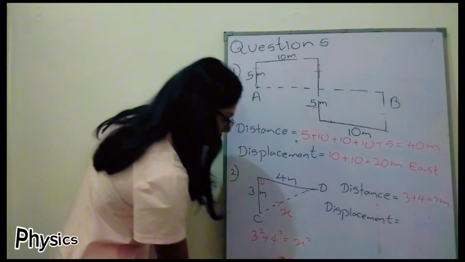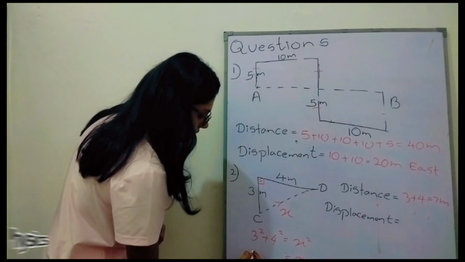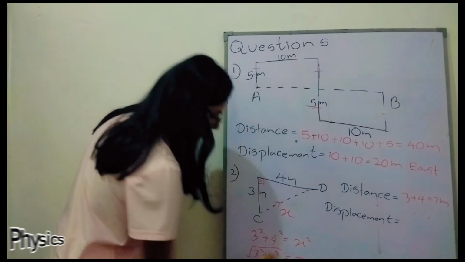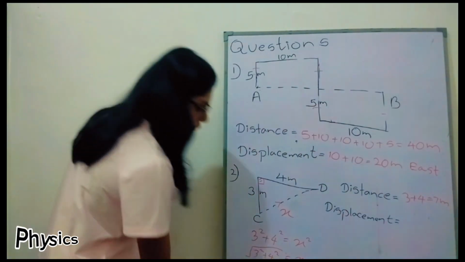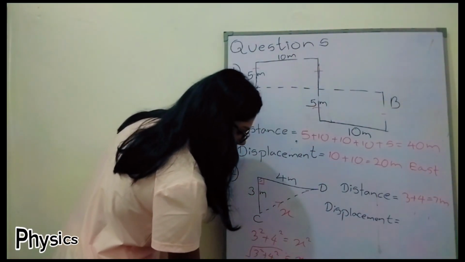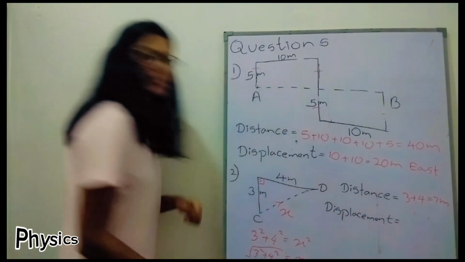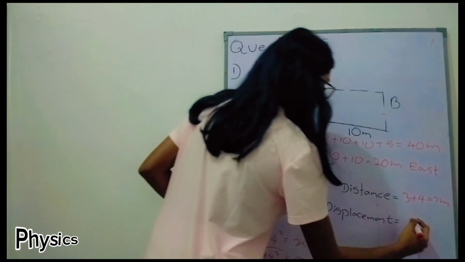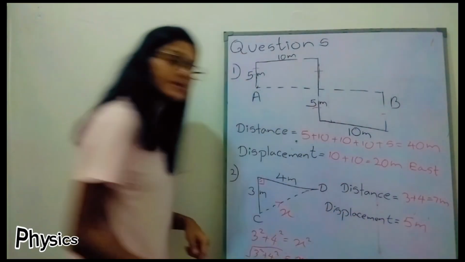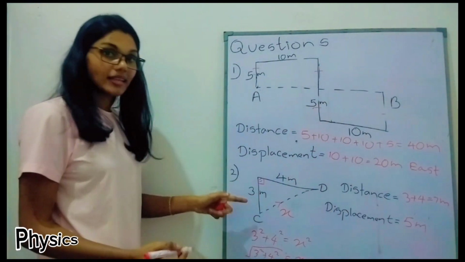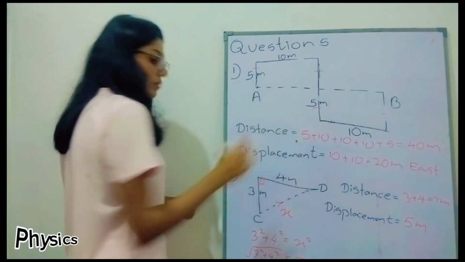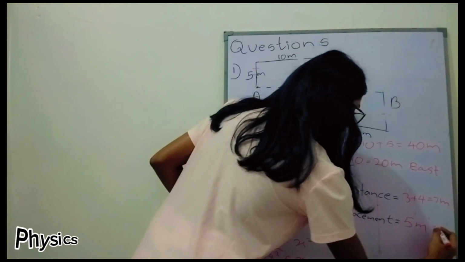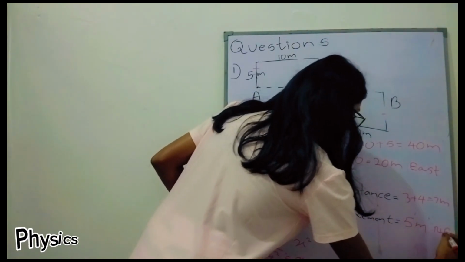Then x we can find by taking the square root of the sum. So the answer will be 5 meters. Then we can take the displacement as 5 meters. And don't forget, we must mention the direction. The direction is northeast.